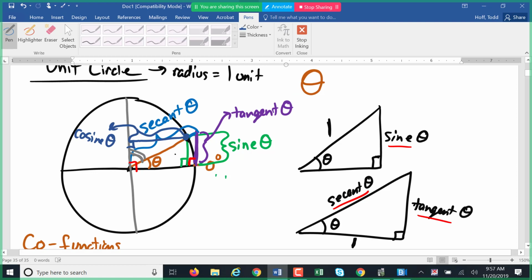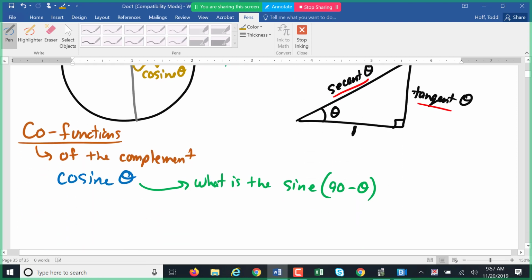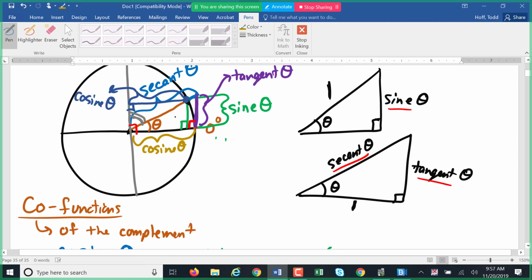Well, because this forms kind of a little rectangle here, that means that this length down here is the same as that top length. That is the cosine of our angle. So the triangles we've created here define all of our trig functions now. So what that means is up here, this side is the cosine of theta.